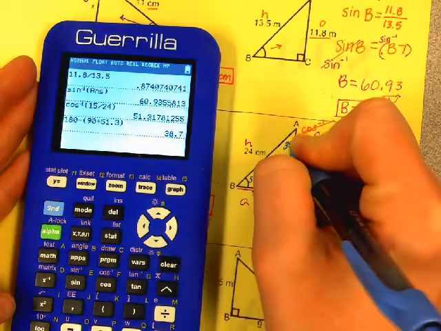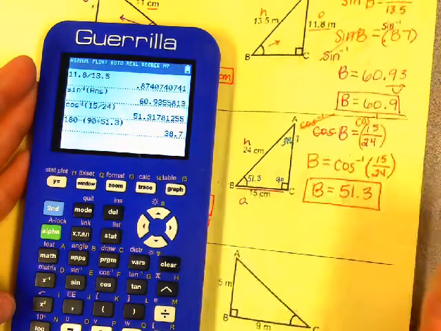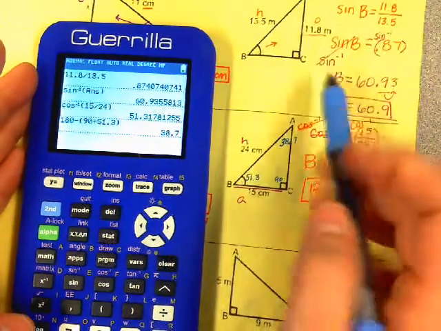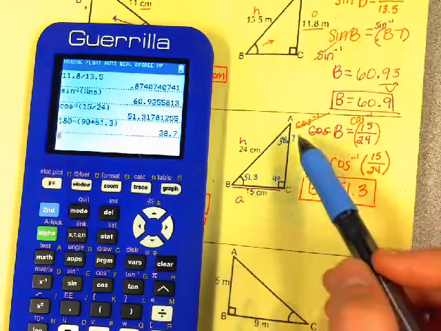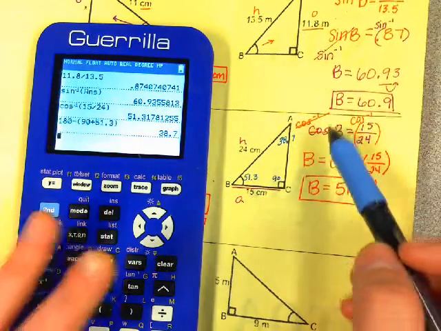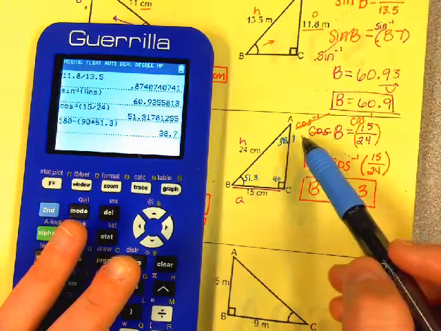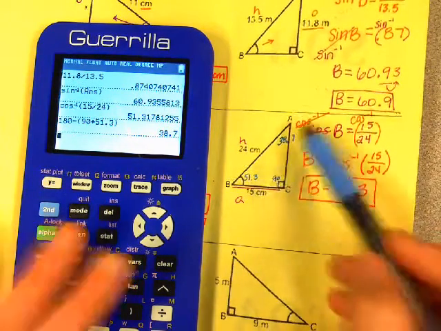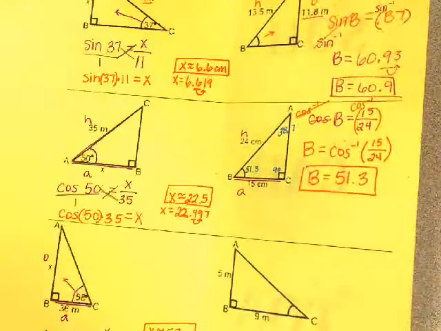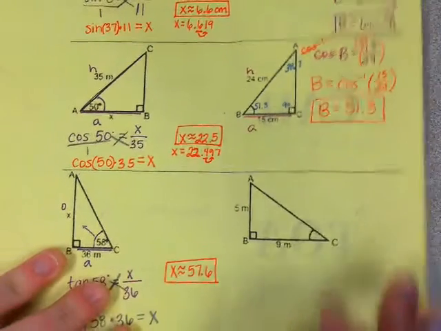So this would be 38.7. So don't make yourself have to do sine or cosine or tangent to find the other angle. I mean, you could, it should give you the same thing, but you don't have to, because we know that all angles of a triangle are equal to 180.